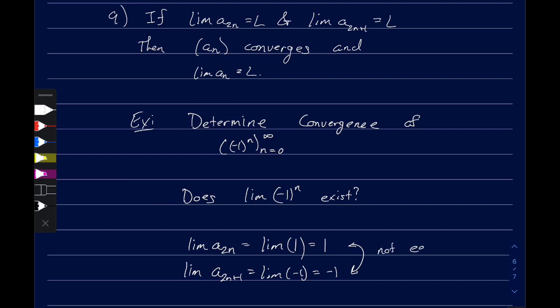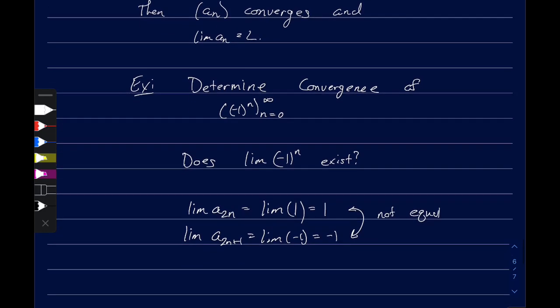Since these don't coincide, so they're not equal, that tells us that this limit of (-1)^n diverges. Remember, just like back with calculus 1 and functions, if a sequence doesn't converge, then we say that it diverges.